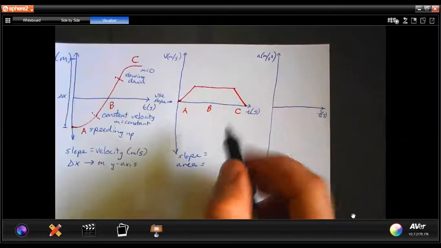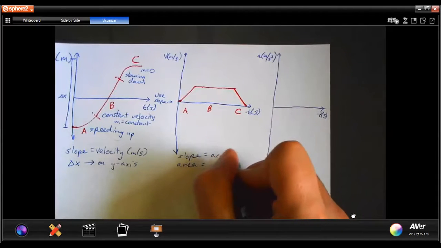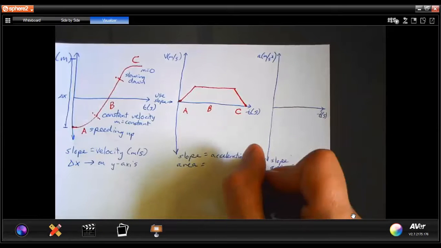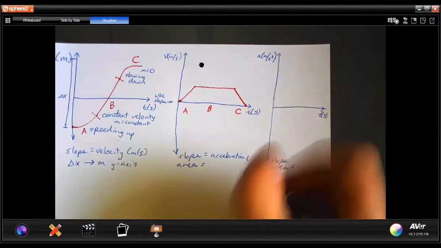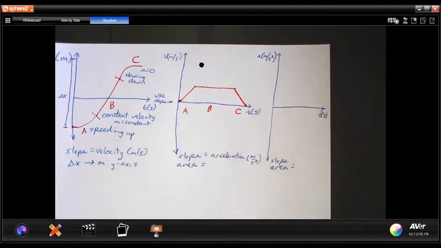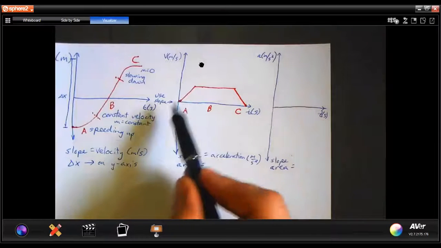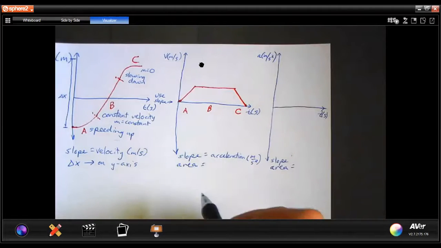So our slope is now going to give us our acceleration, where it is going to have meters per second squared. That's our acceleration. So again, that's the slope. How much we're changing our velocity in a given amount of time is our slope and is our acceleration.